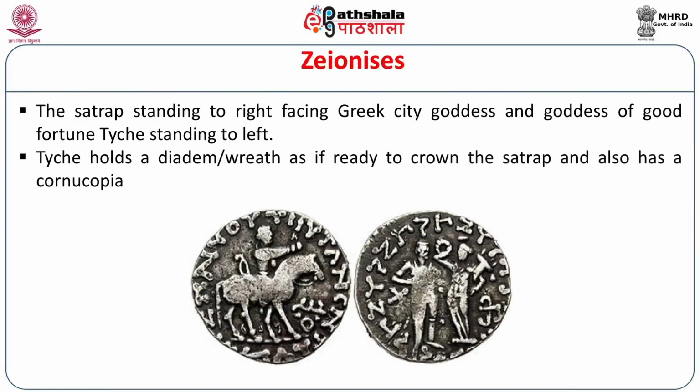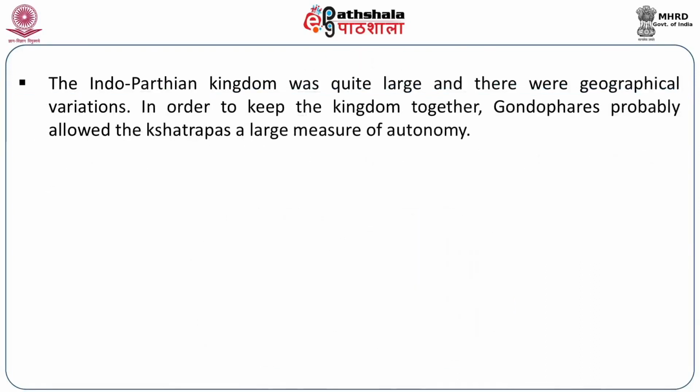Tyche holds a diadem or a wreath as if ready to crown the satrap, and also she holds a cornucopia. So the symbolism of this coin type is that the satrap was actually gaining power during that 1st century CE in the northwestern part of the subcontinent.